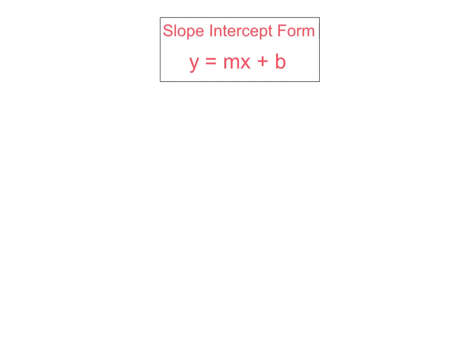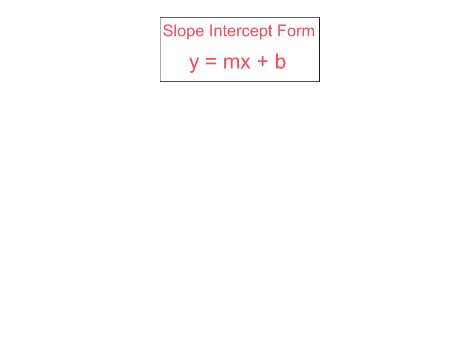Slope-intercept form is just a very common format that we write linear equations in algebra. And so it's just a way where you put your y all by itself on the left side of your equation, and in the process of doing that you have everything else over on the right side.